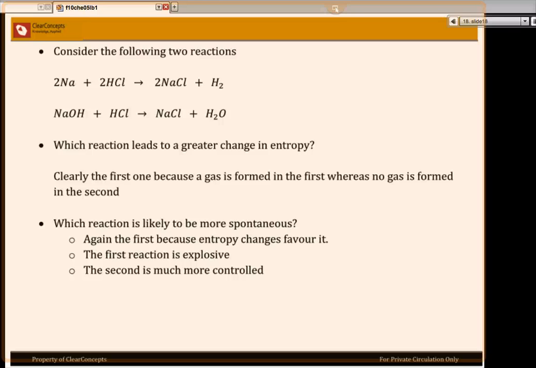So, Asmita's question. A reaction where a gas is formed is always fast? Not necessarily, Asmita. Why would that be? Let me give you an example. Here's an example of a reaction.